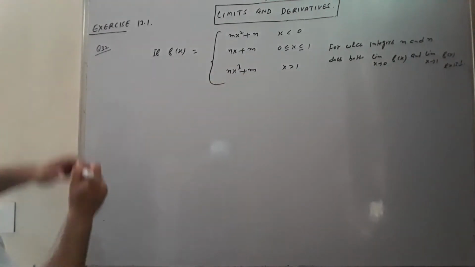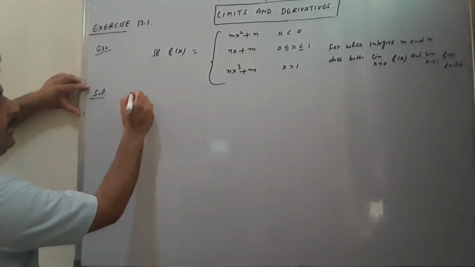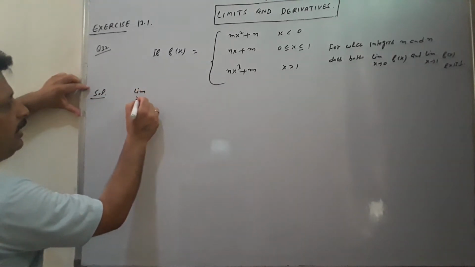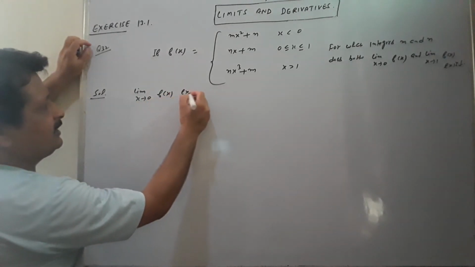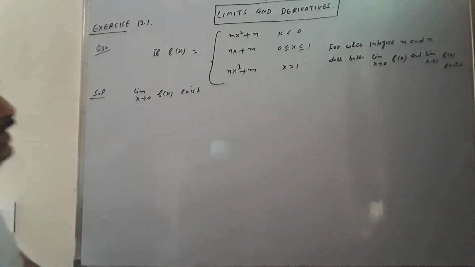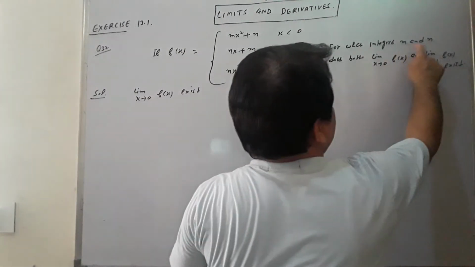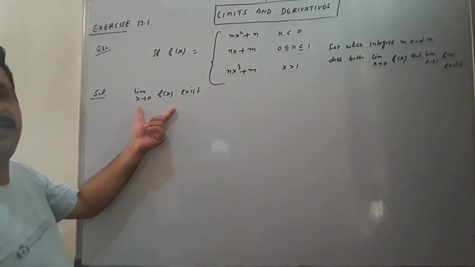Here students, what is given to you in this question is that the limit as x tends to 0 of f of x exists. For what integer values of m and n, we have to find out, but it is given to you that this limit will exist.